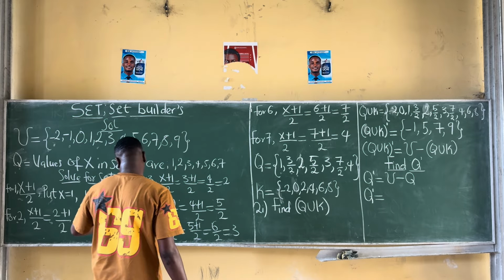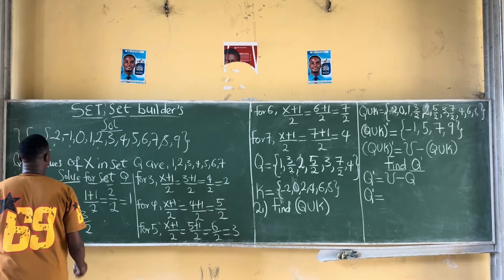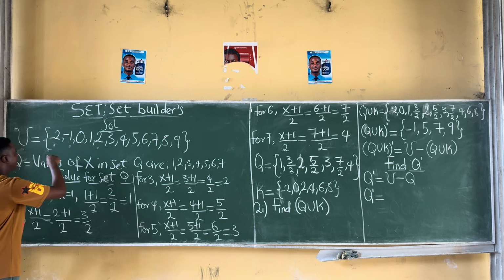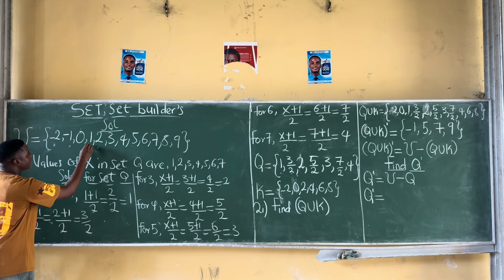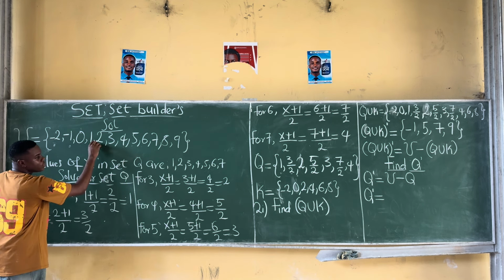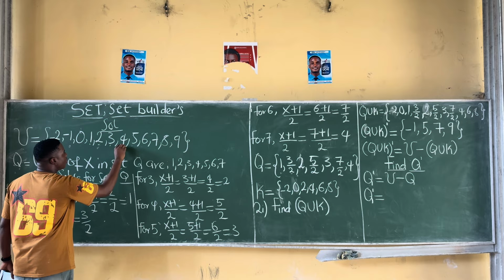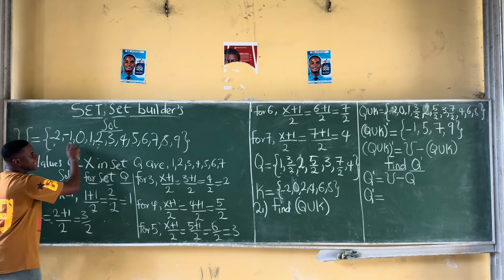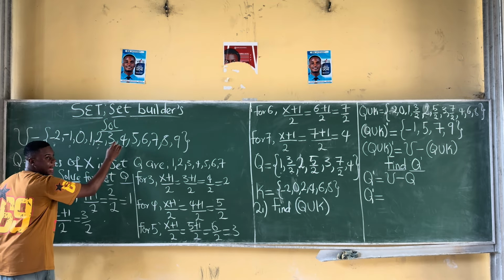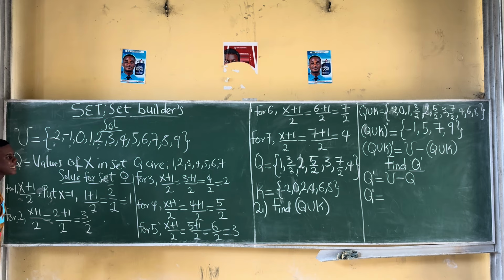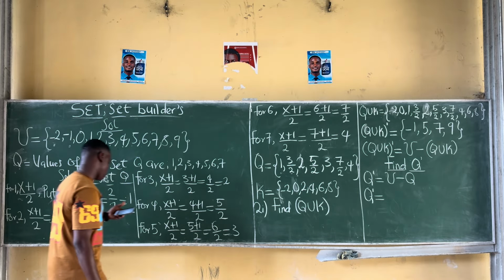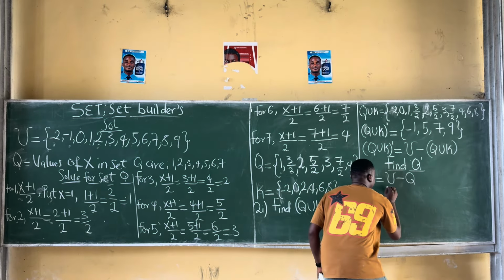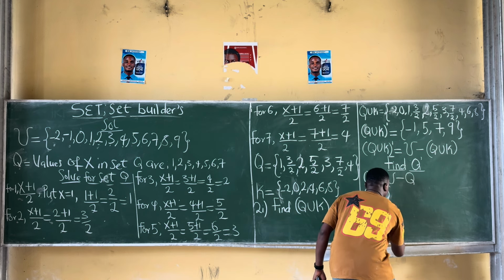Now what are the elements in Q that we have here? We have 1, 2, 3, and 4. So it means that Q prime will include everything except 1, 2, 3, and 4. So now we are going to list out all the elements in U except 1, 2, 3, and 4, just like what we did the first time. Okay? So let's begin. Start. Minus.